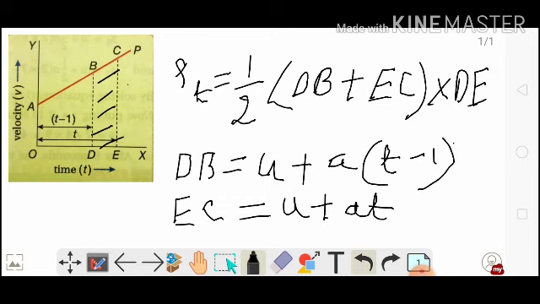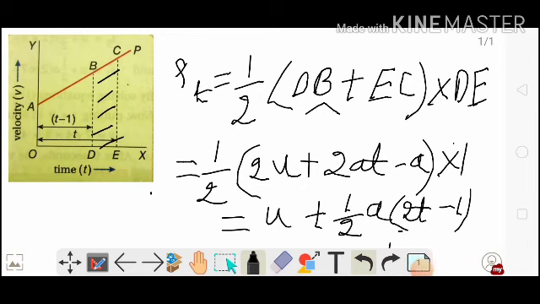First take it out from the bracket, so you will have, just wait for a second, you will have at minus a. So whenever you are adding this, u plus u will make it 2u, and at plus at is 2at, and finally minus a. And if you put the entire value in this section, you will have something like this.